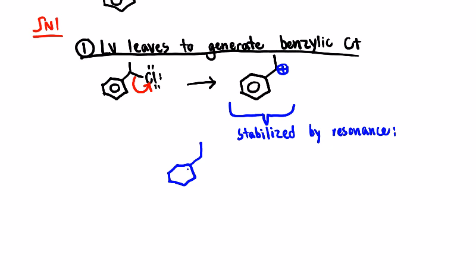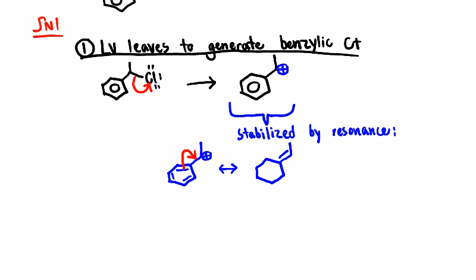So we'll go ahead and try to write out the resonance structures for this. I'm going to go through the solution here. So that was our first resonance structure that I've just drawn in blue. And then to stabilize that positive formal charge, we want to share it across multiple atoms. We can move those pi electrons over one spot there to delocalize that positive formal charge. We're going to share it across multiple carbon atoms here.